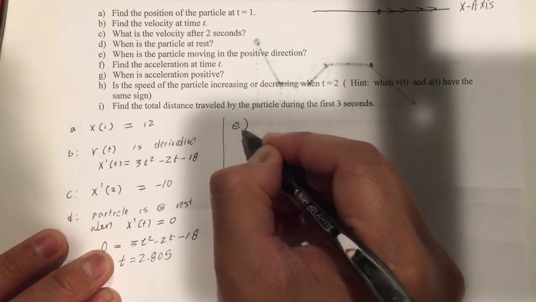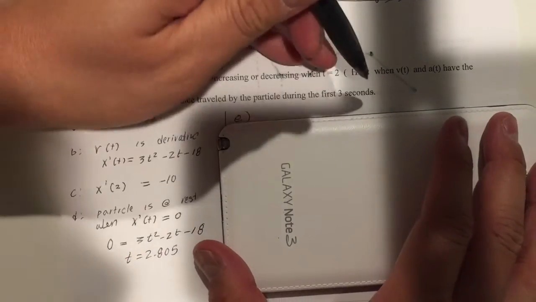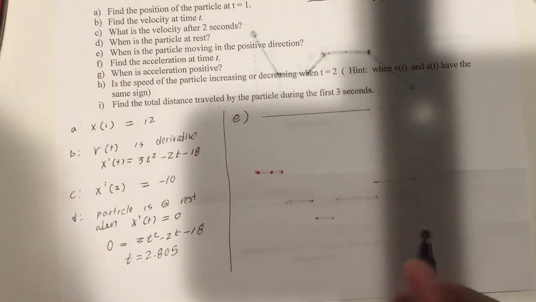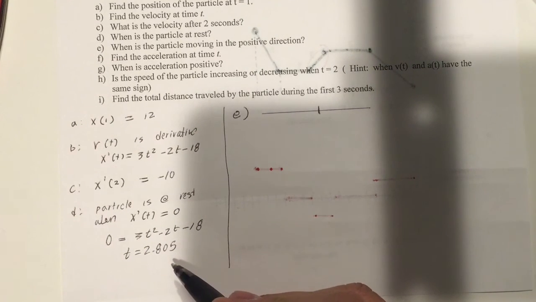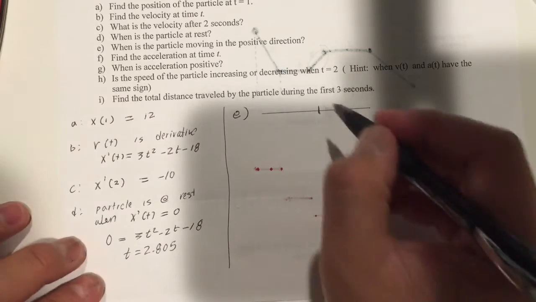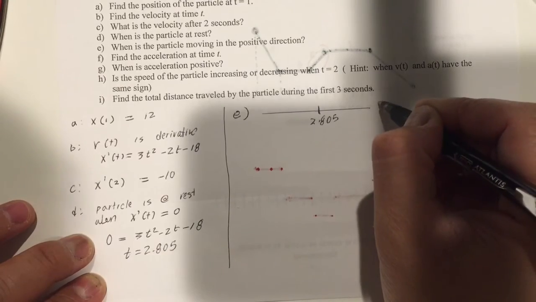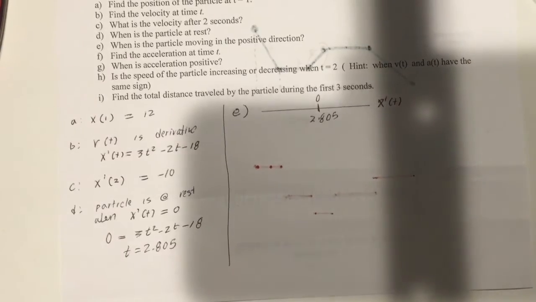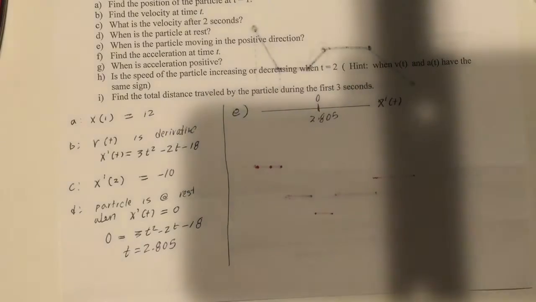E, when is the particle moving in the positive direction? So this is where I'm going to create the sign chart. From what we did here in D, we found where the particle is at rest, but that's also a critical point. This is where the particle is at rest. From the graph, we know that to the left of that it is negative and to the right it is positive.